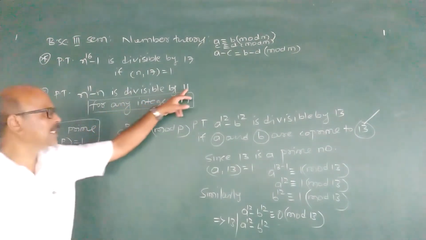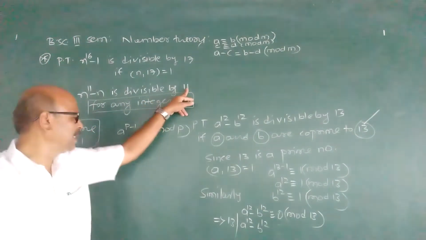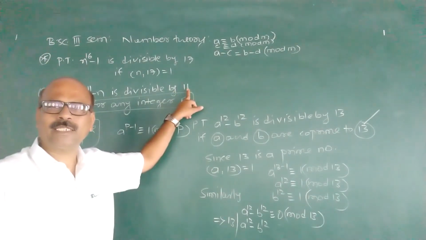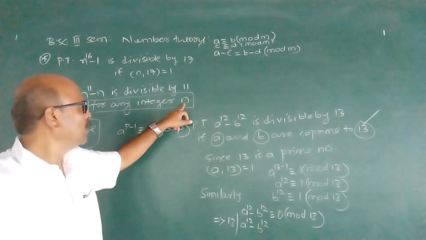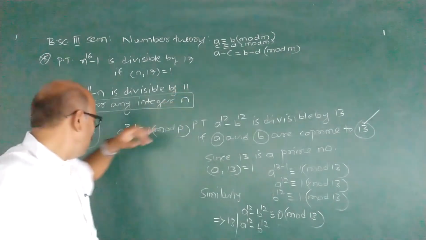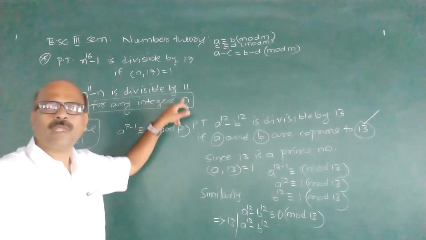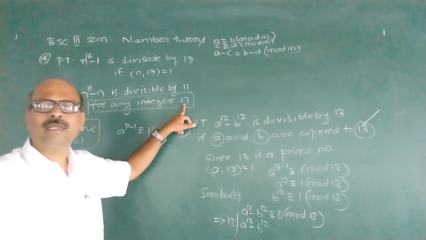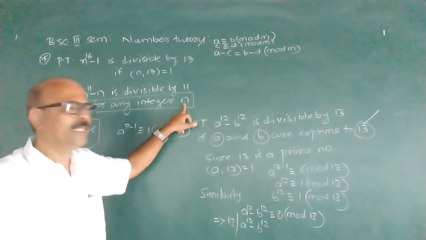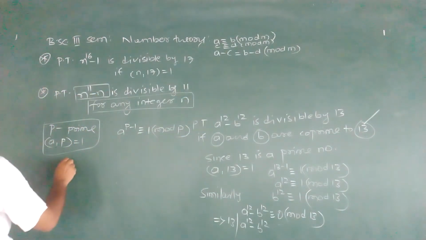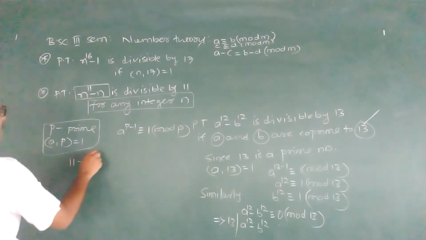Here, about n, P is 11. Of course, the first condition is satisfied: P is 11, a prime number. But it is not given that n and 11 are relatively prime. Therefore, we have only this result. What is given? 11 is a prime number.